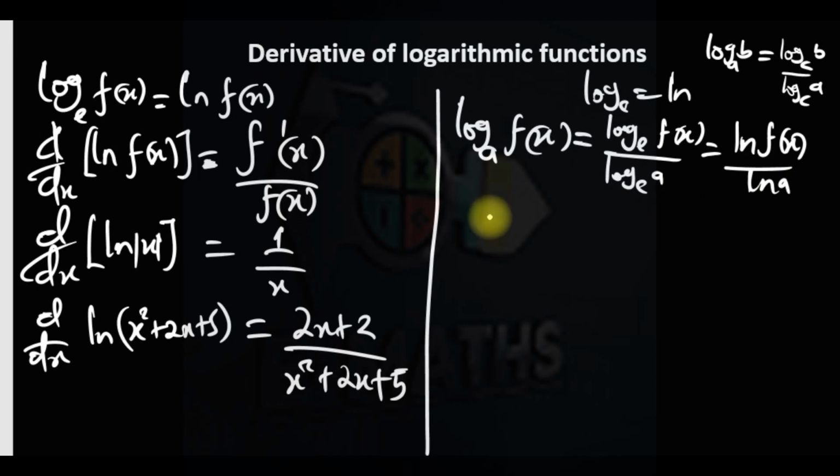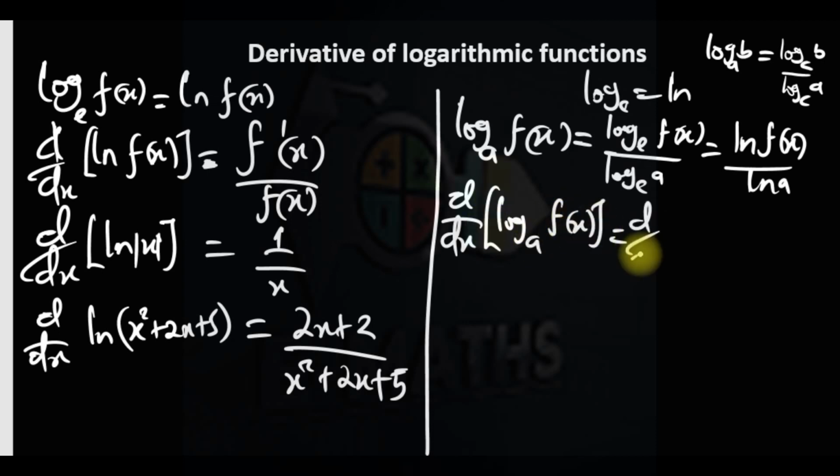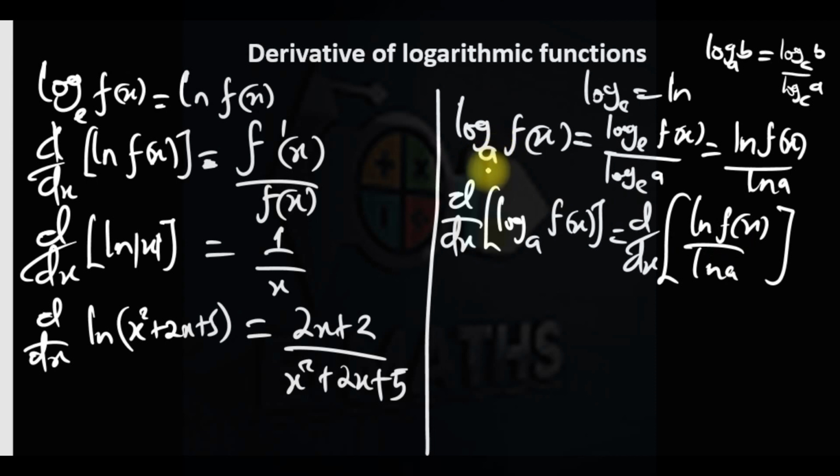So I'm going to use that property now to solve. If I'm asked to find the derivative of log base a of f(x), it is the same thing as the derivative of ln f(x) over ln a. Remember, a is a constant. I told you it could be any number greater than 1, from the law of logarithm.